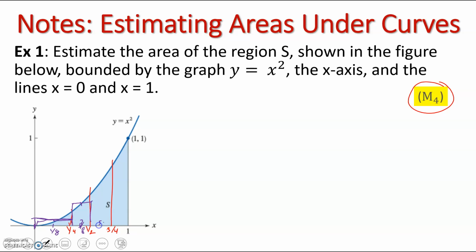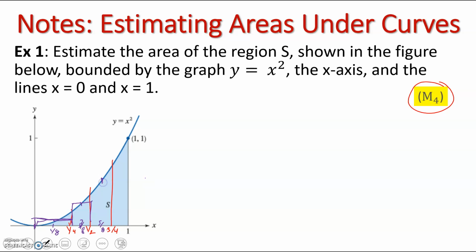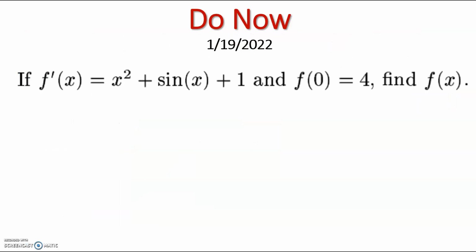And then we are at 5/8, which is right here. And we are going to make our rectangle. And then we are at 7/8, which is here. Sorry about that.